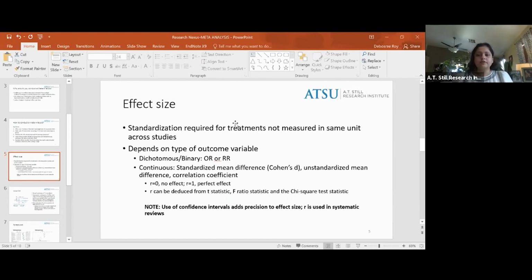And for those of you who have not conducted systematic reviews, a correlation matrix is a required part of a systematic review, where you correlate the outcomes of the different studies you include in your research.